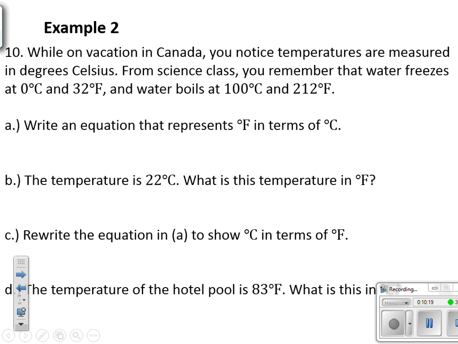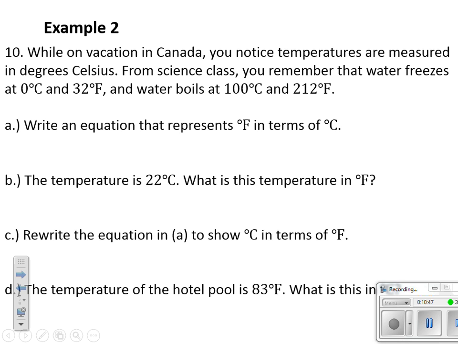Example 2, this is kind of an involved one. While on vacation in Canada, you experience the metric system. You notice temperatures are measured in degrees Celsius instead of Fahrenheit. From science class, you remember that water freezes at 0 Celsius and 32 Fahrenheit, and water boils at 100 Celsius and 212 Fahrenheit.